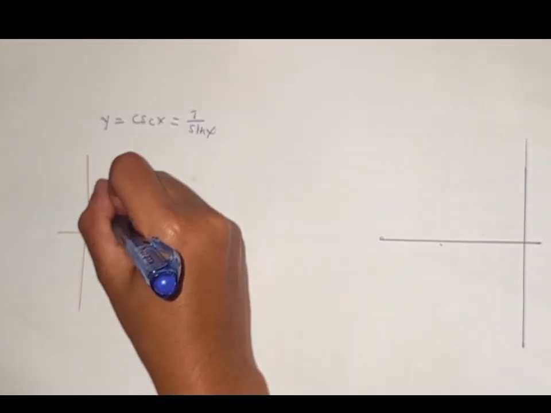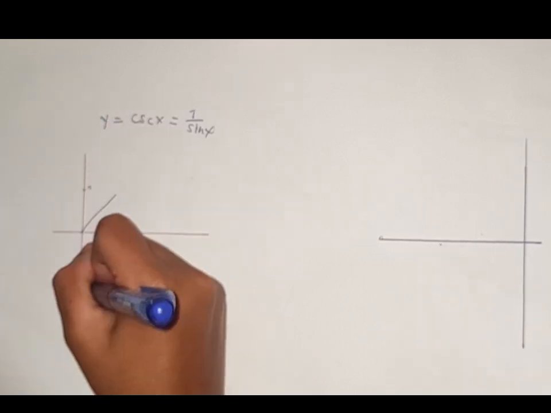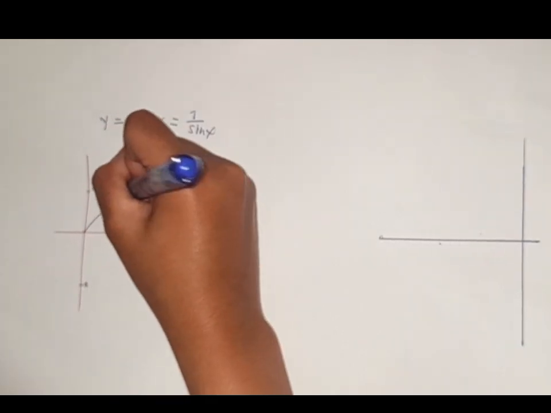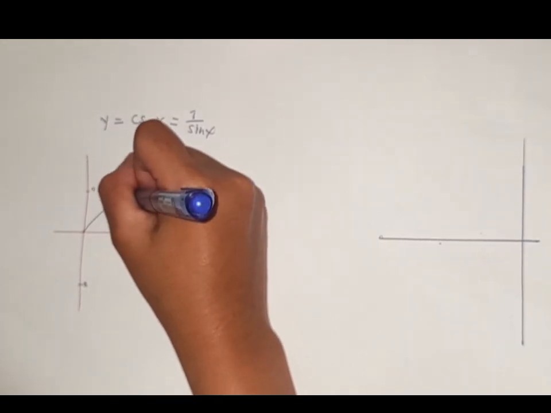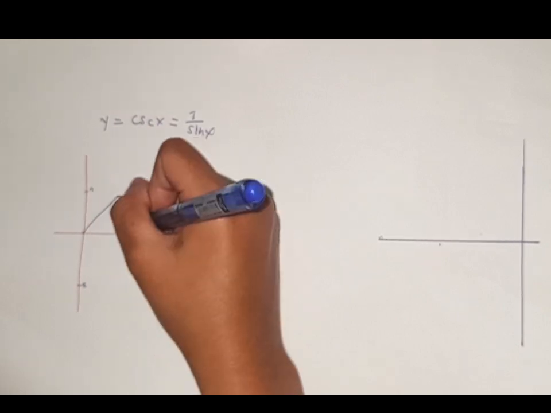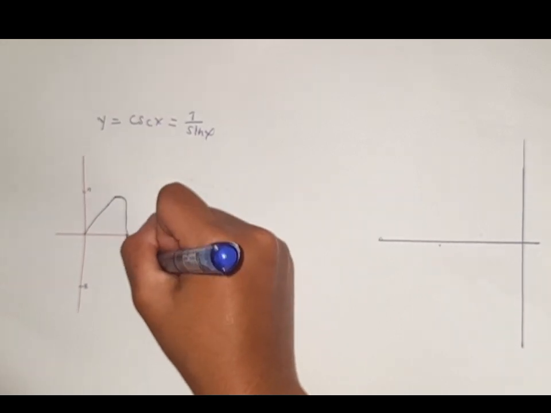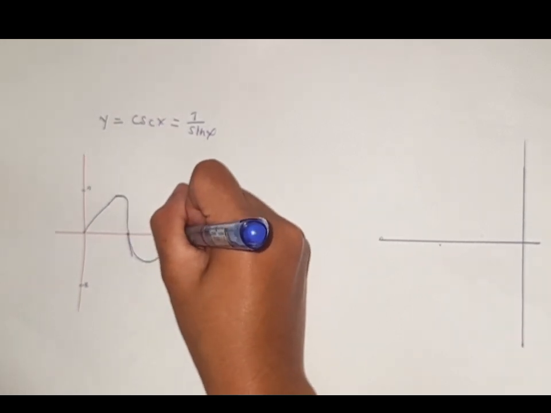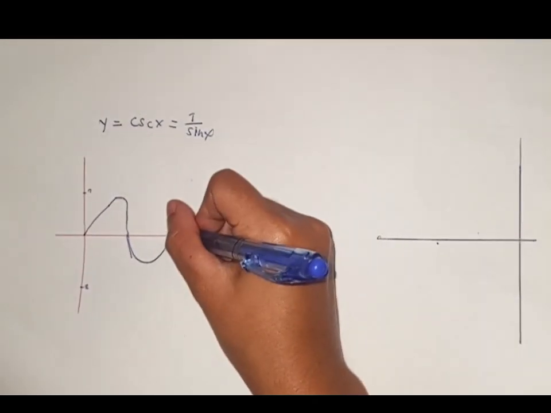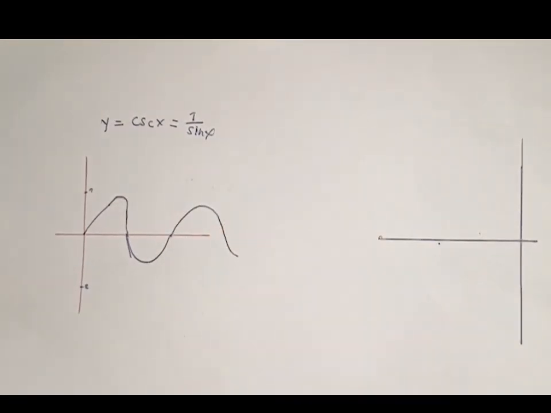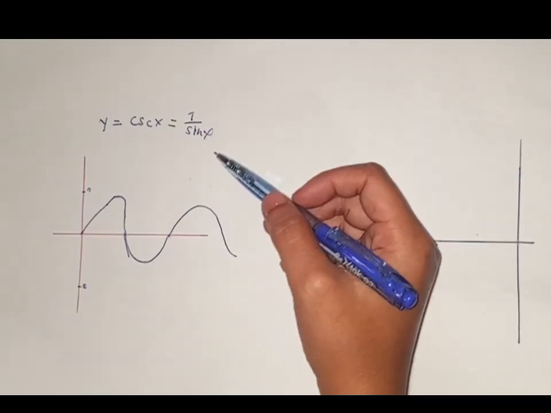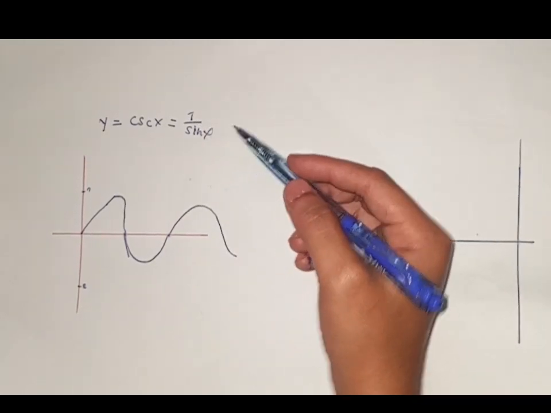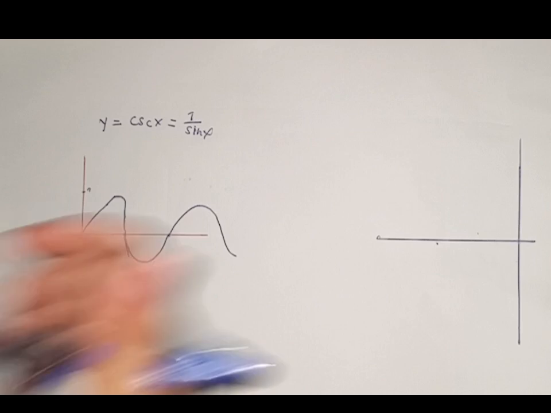So we start from the midline, go up to the maximum, back to the midline, go down to the minimum, back to the midline, and continue the process. Since cosecant of x equals 1 over sine of x, it is undefined whenever sine of x is equal to 0.